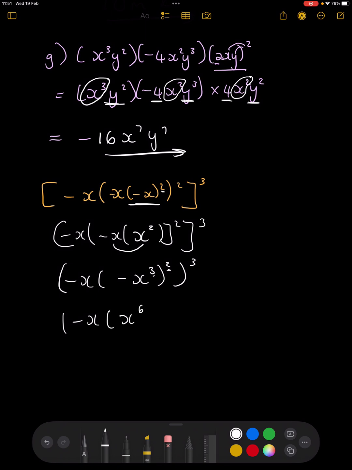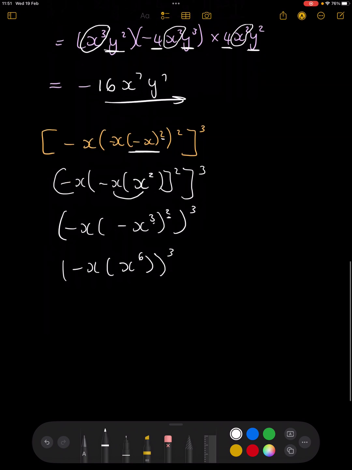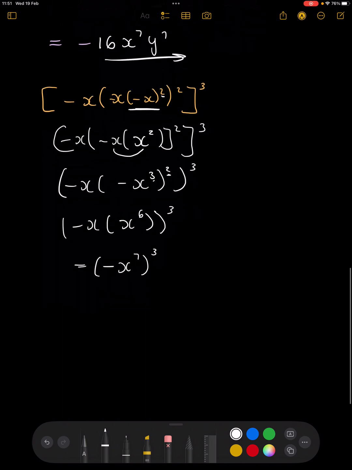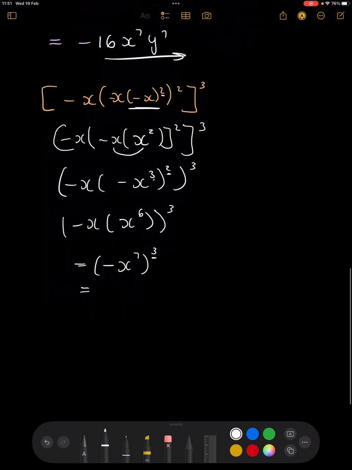And I'm going to be left with x to the power of 6. Now I can multiply this in, so my answer over there is going to be negative. I'm going to be left with x to the power of 7, everything to the power of 3. Because this is an odd number, my final answer will be negative, and I'll be left with x to the power of 21 after I multiplied it in.